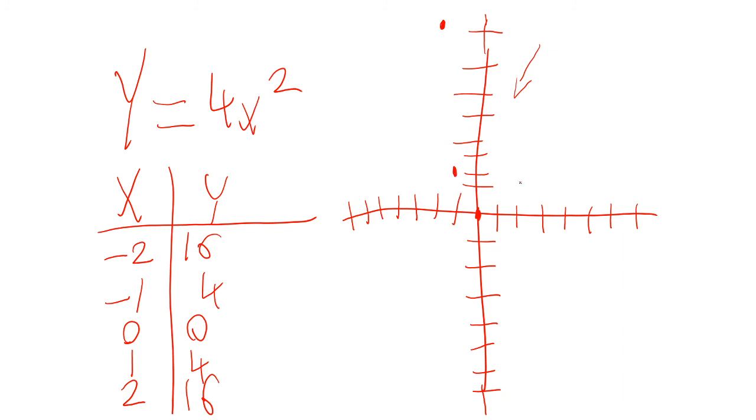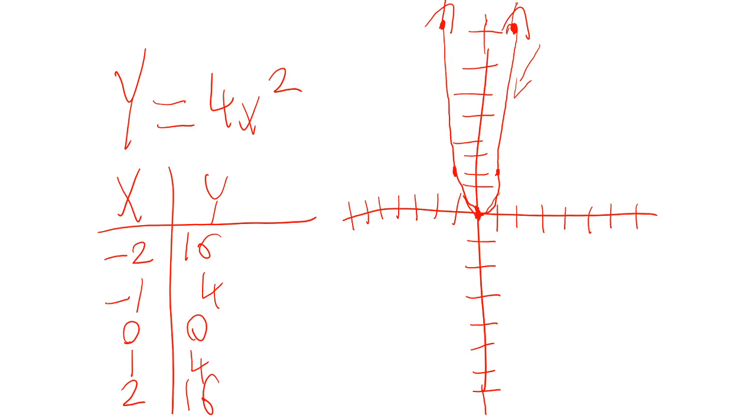When x is 1, y is 4. So that would be 2, 4 over here. When x is 2, y is 16. That's just over here. And now we can just connect the points, and we are done plotting.